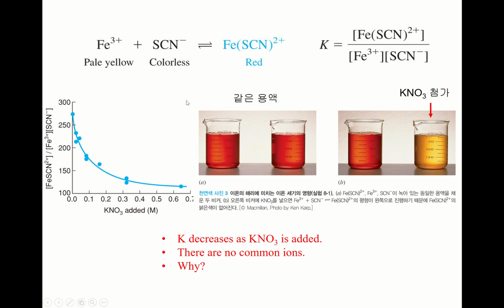But this potassium nitrate completely dissociates, leaving potassium ion and nitrate ion. But in this reaction, there are no potassium ions nor nitrate ions. The equilibrium constant by definition can be written by this equation. Here no potassium or nitrate ion concentration appears.